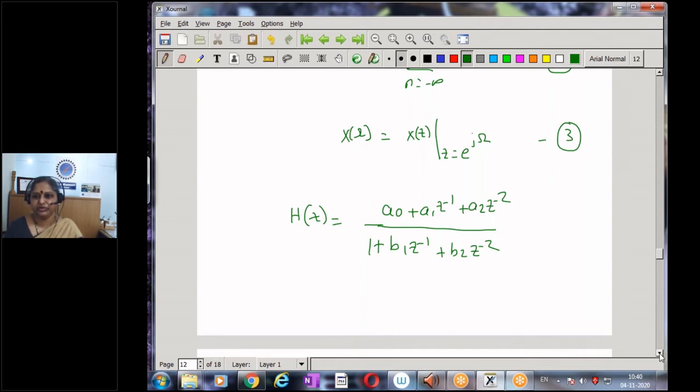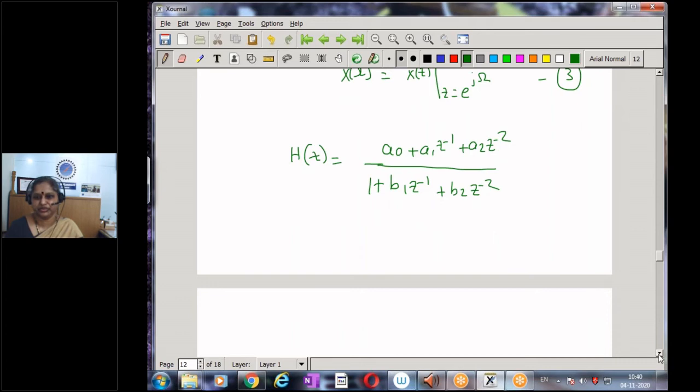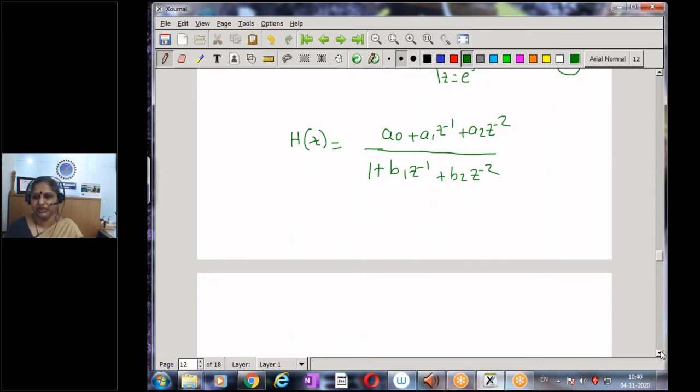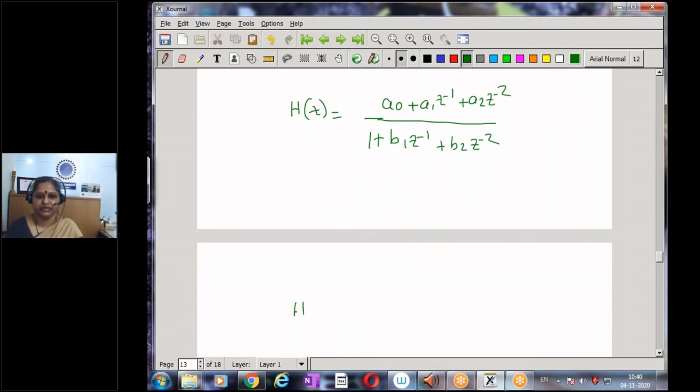Now if I want to compute the frequency response of the same system, we just observe the Z transform and the frequency response. I have to just replace z by e to the power of j omega.